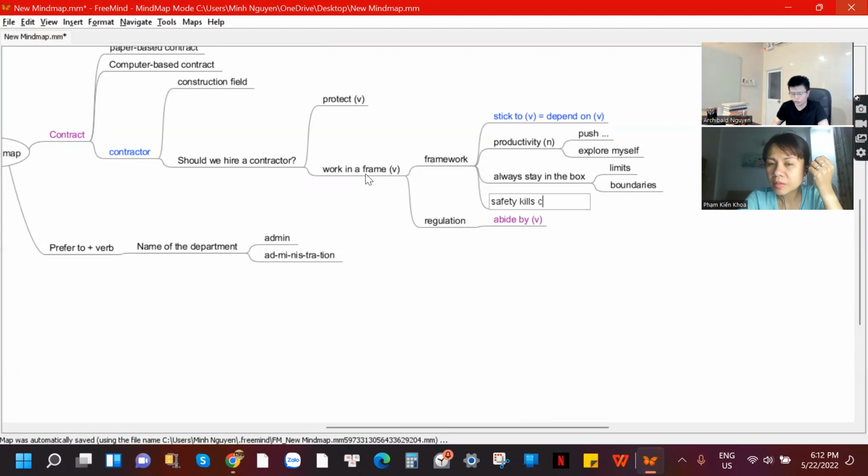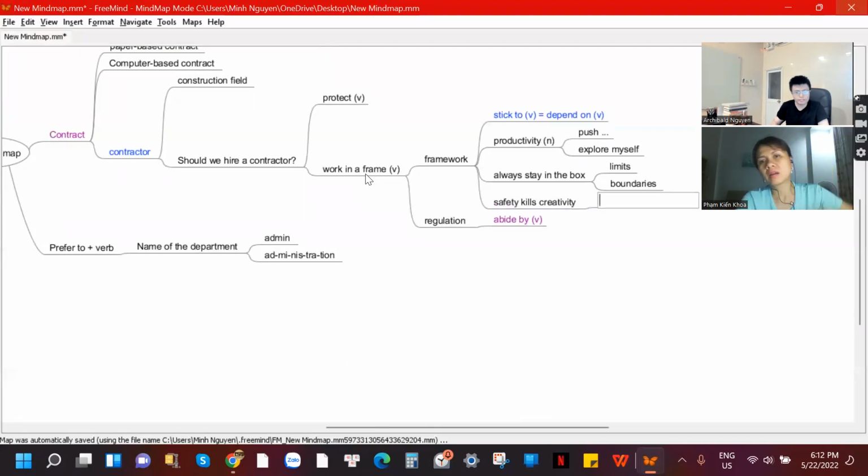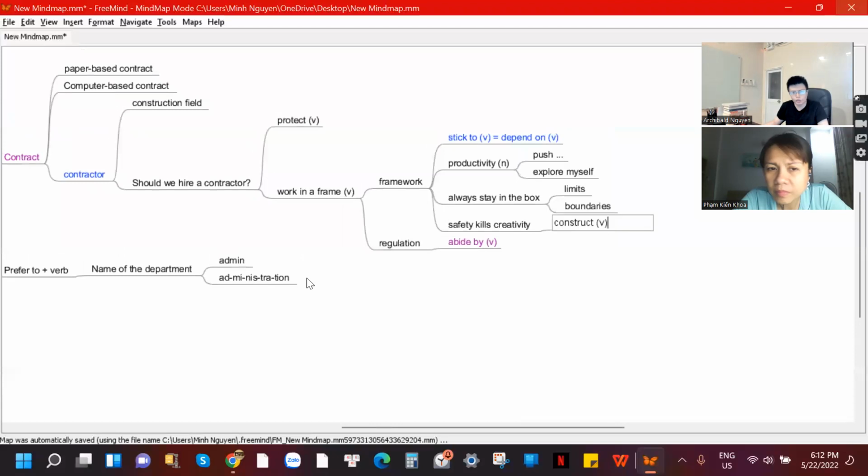Safety certainly kills creativity. And we need to develop, we need to build, we need to construct. I see that Ms. An, you use the word develop a lot in your speaking. Before we develop something, we need to have it as foundation. So if you want to have something, you need to build.